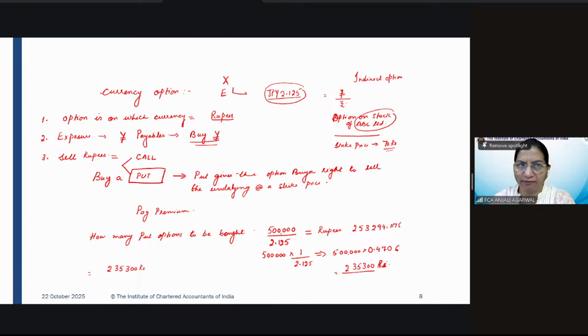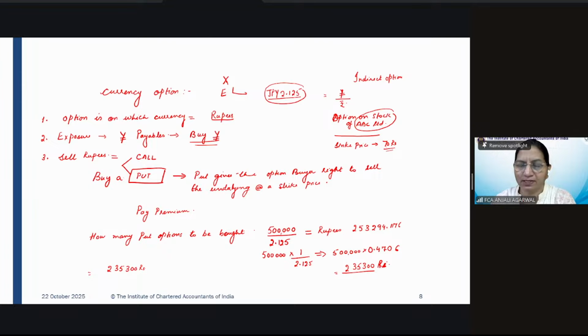So first you have to see which currency the option is available for. So, what is the underlying currency in the option contract? The underlying currency in the option contract is INR, Indian rupee. Why? Because the strike price is quoted in Japanese yen. So, if you want to buy or sell 1 rupee, you need to pay or receive 2.125 Japanese yen.